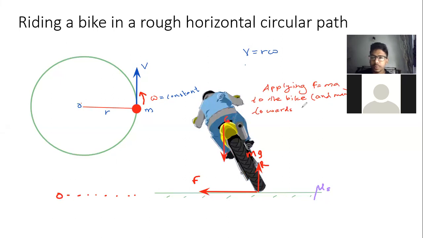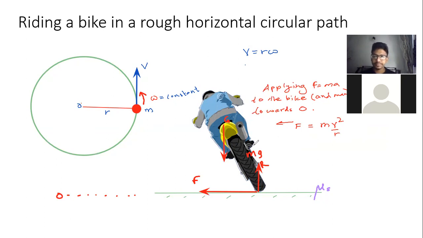I can just put O because I have already marked it. So applying F equals ma in this direction, F equals mass times the acceleration, which we know is v squared over r, where r is the radius of the circular path.